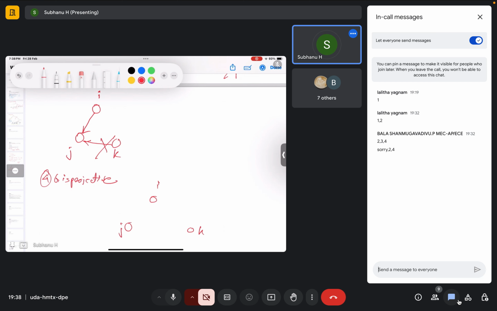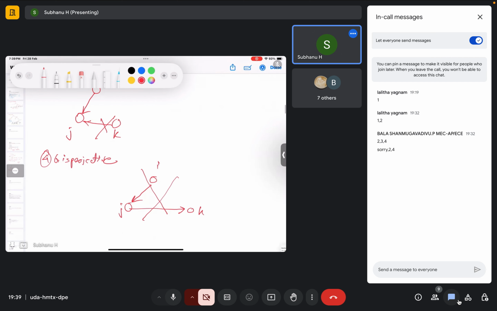If there is an edge from I to j, then j to k, then for any such case both j and k should lie on the same side of I. That means this should not be the case. j is on the left side and k is on the right side; I am showing that, this is left side, this is right side.